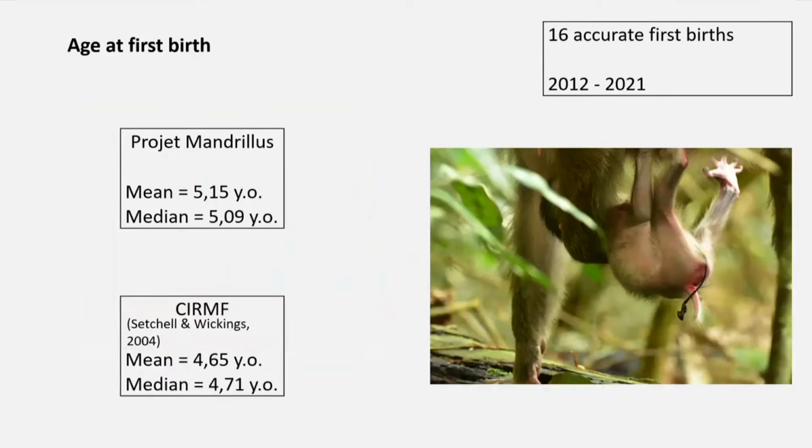We wanted to check for the age at first reproduction in our population, and we found a mean of 5.15 years old and a median of 5.09 years old. We compared with the data in the semi-free group, and it is half a year later than what they have found in that population. So we are highlighting the effects of provisioning on the reproductive cycle of females.